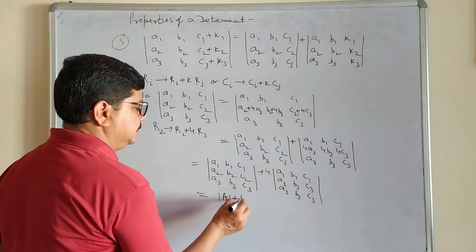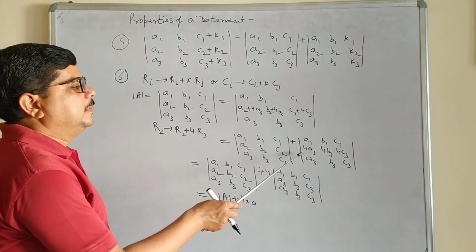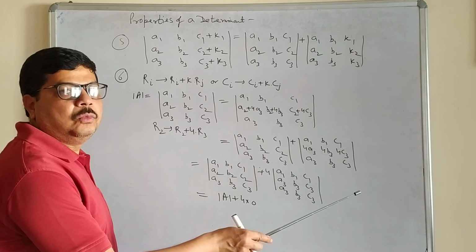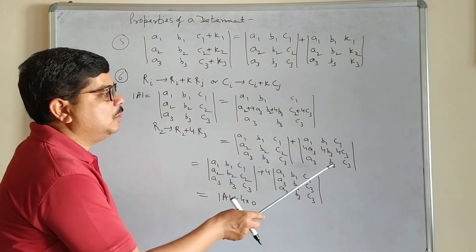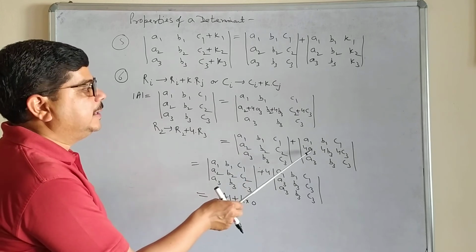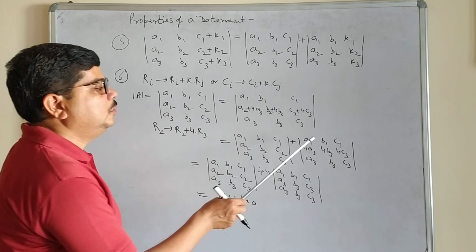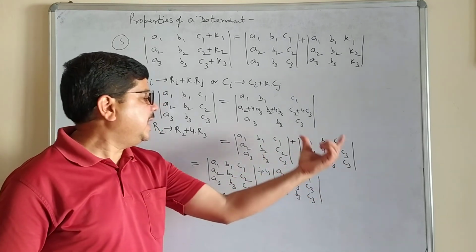Or you can directly write that second row and third row elements are in multiples. Like all the elements are multiples of 4 of the third row. So the entire determinant will be 0.